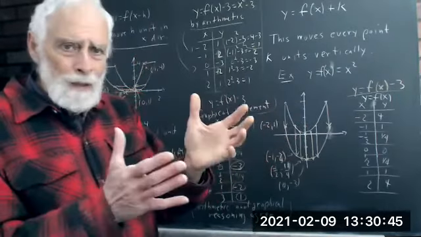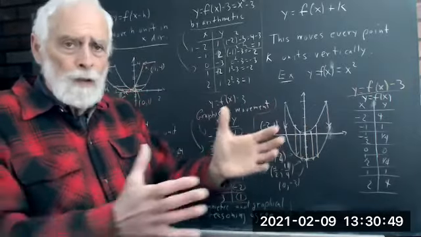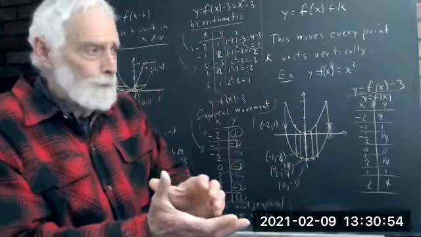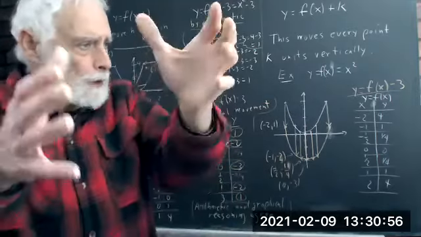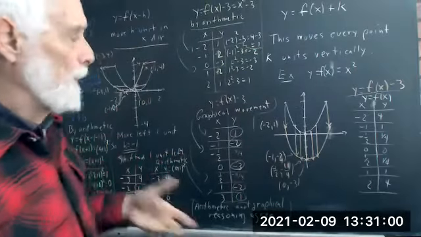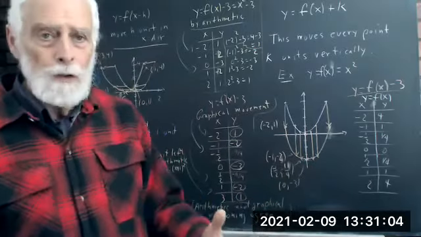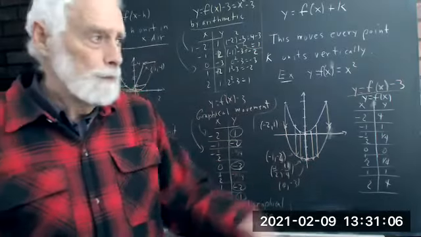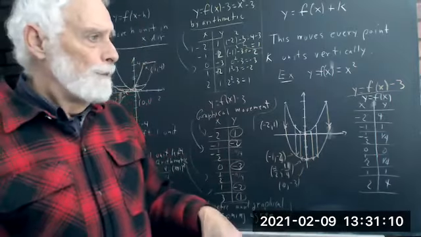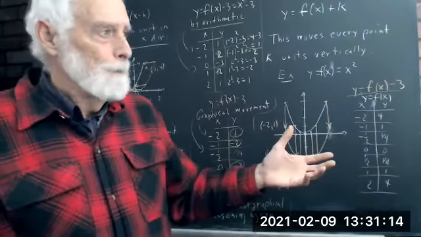And transforming them gets you out of just the shape of the basic function, allows you to make it wider or narrower, skinnier or fatter, and put it anywhere on the coordinate system that you want, which then gives you the whole range of functions that we usually use in modeling the real world. The most common functions you use in modeling reality are these basic functions and their transformations.